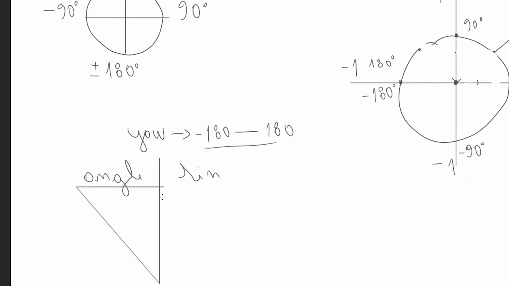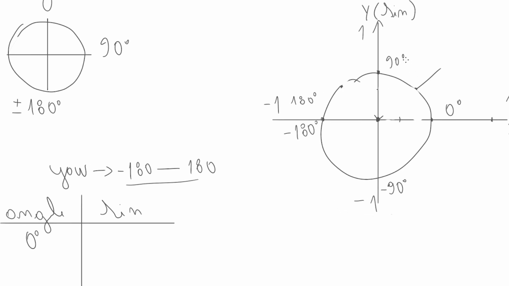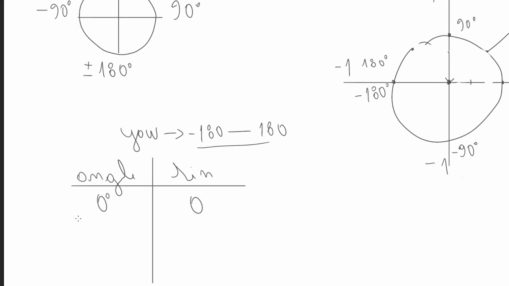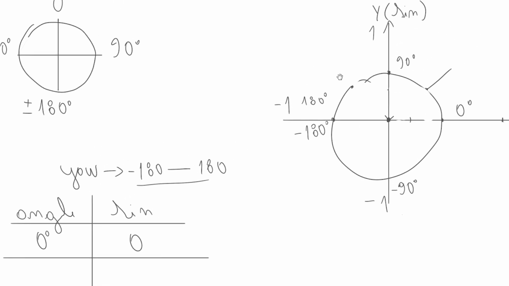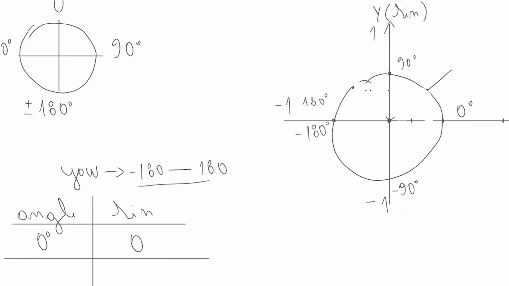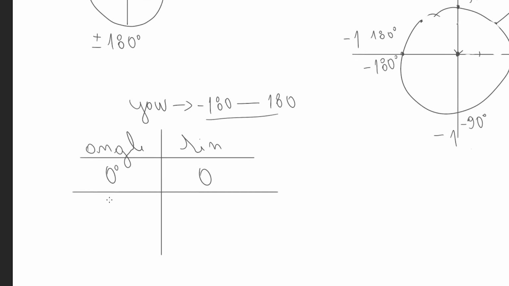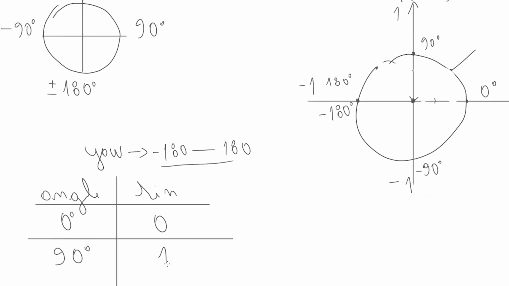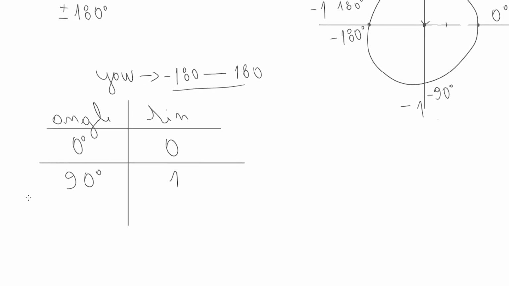Okay. For 0 degrees, as you can see, the y value of sin is 0. In 90 degrees, the value is 1. And we keep going with that.